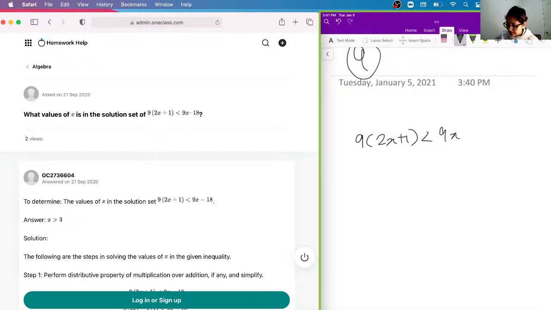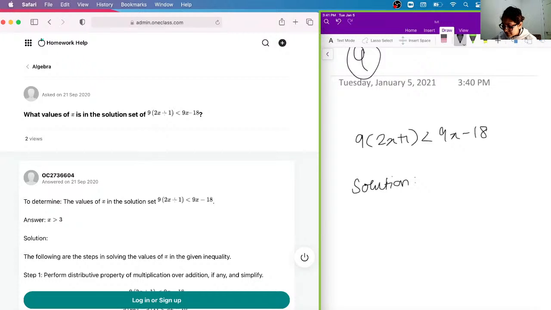Greater than 9x minus 18. Okay, and so to determine this, the solution would be to first perform the distributive property of multiplication over addition, and if any, to simplify. So what we have to do here first is basically multiply out 9 on the left hand side.